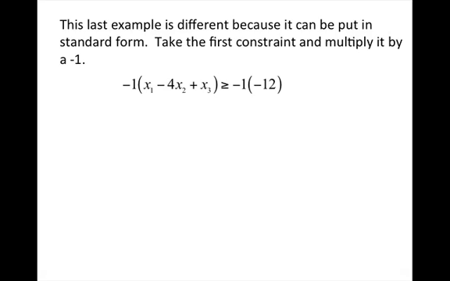This is just a rule from your previous algebra classes. So if I multiply each side by -1, I get negative x sub 1 plus 4x sub 2 minus x sub 3. Then my inequality sign reverses, and -1 times -12 is a positive 12.